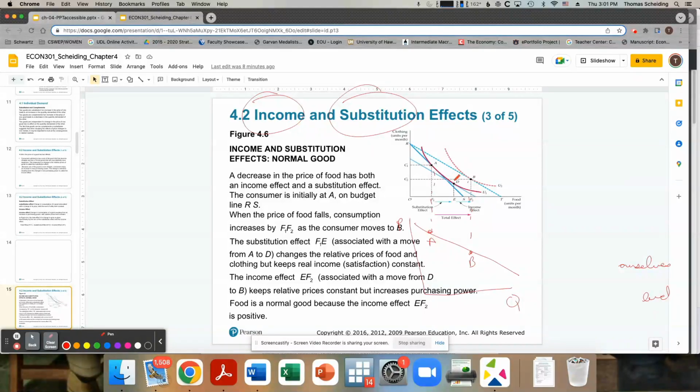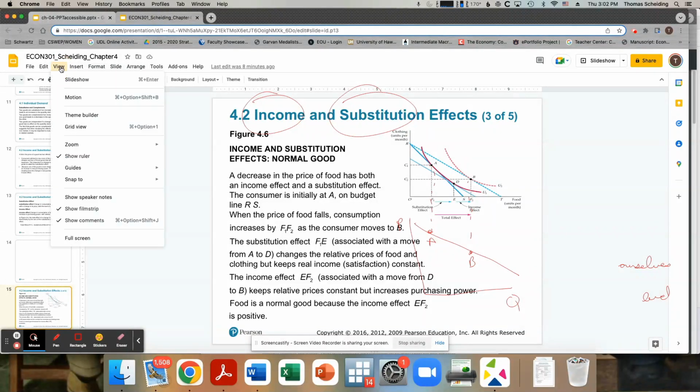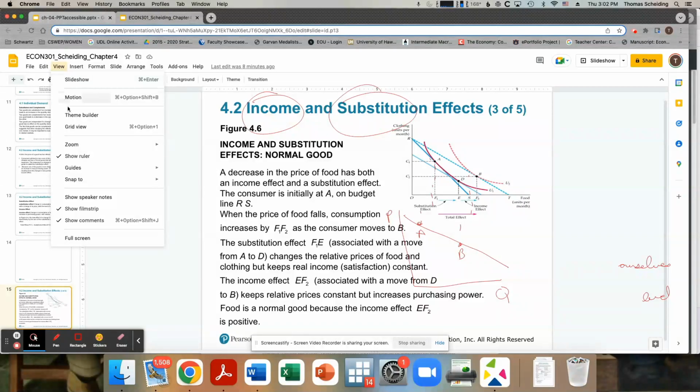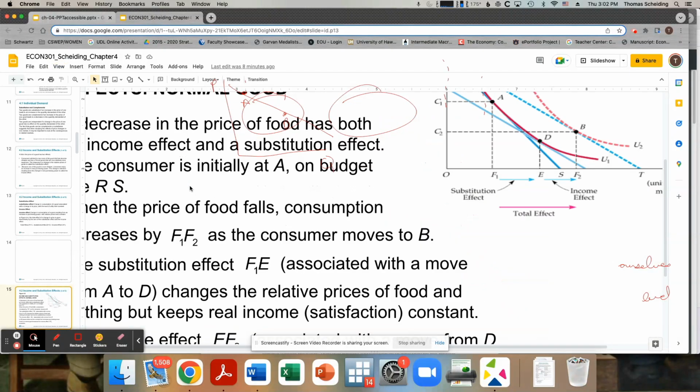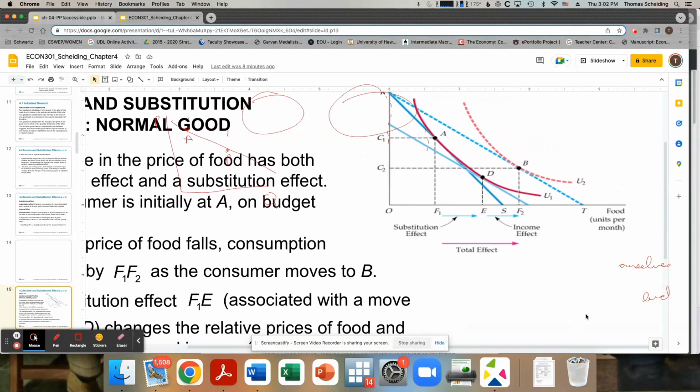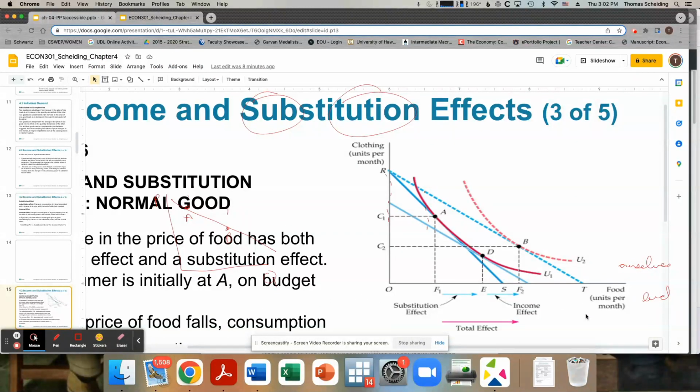I can't really zoom in here, or maybe I can actually. View, zoom. Oh, we should totally view that even bigger. Yeah, let's do that. There we go. Let's just erase some of this stuff right here.